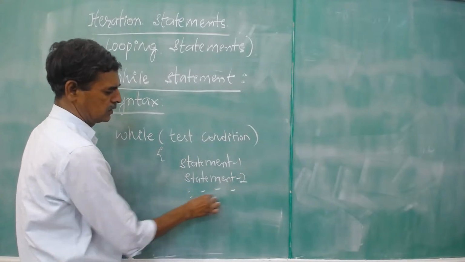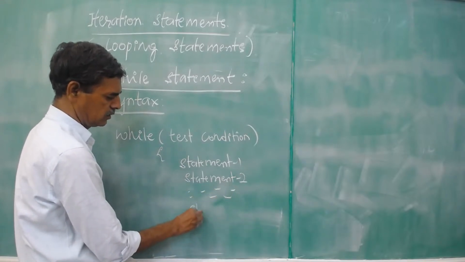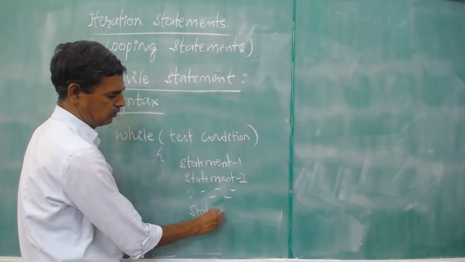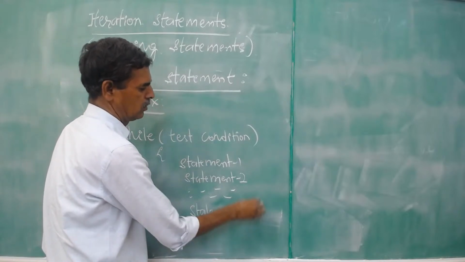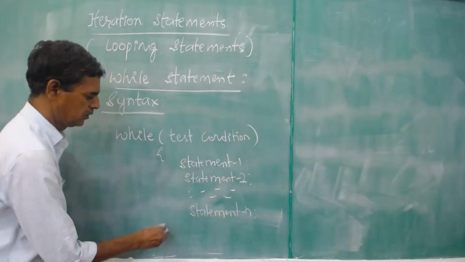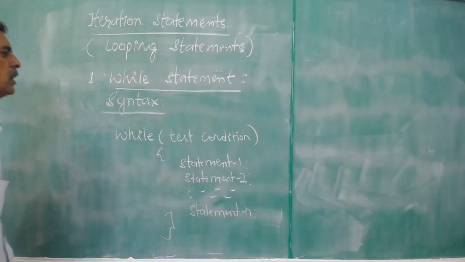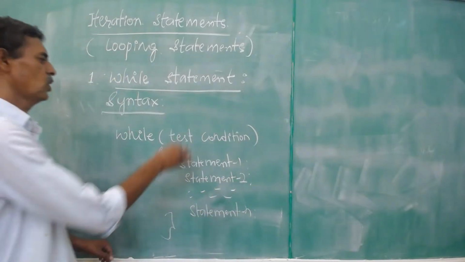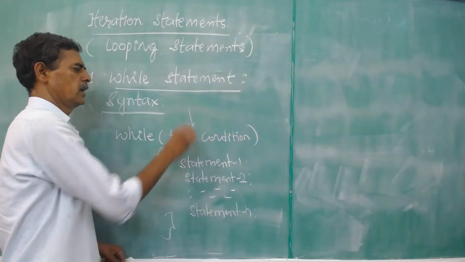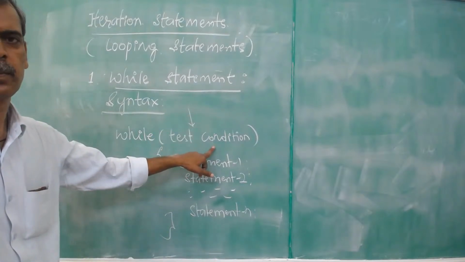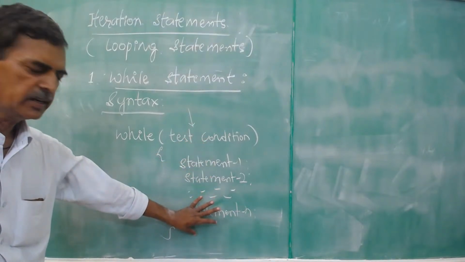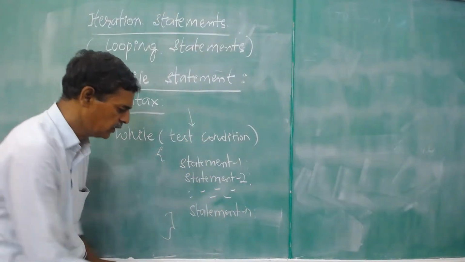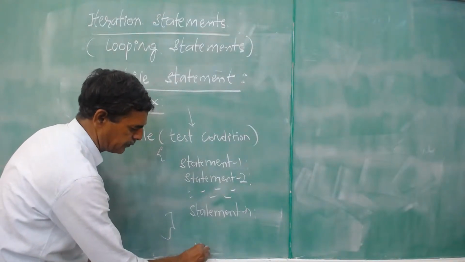So here when the control comes here, it checks the test condition. If the test condition is true, then these statements are executed. After executing, it goes to the next statement.